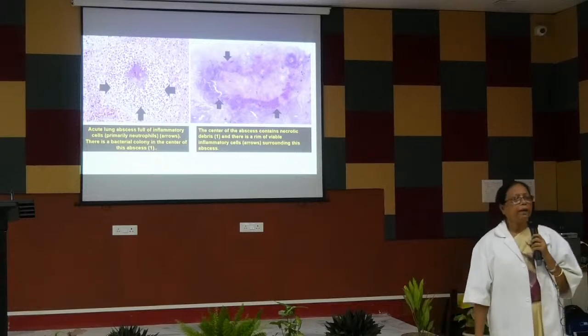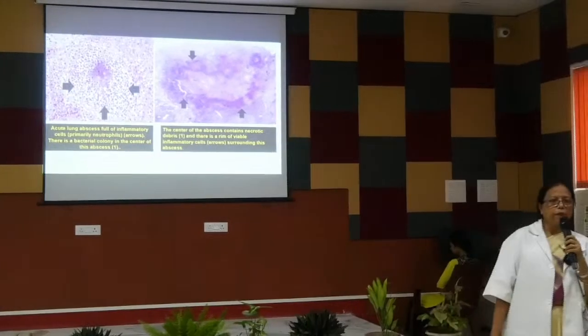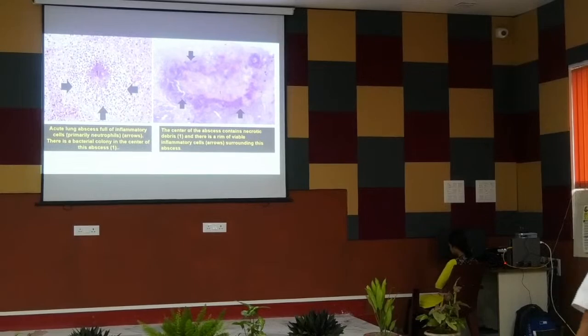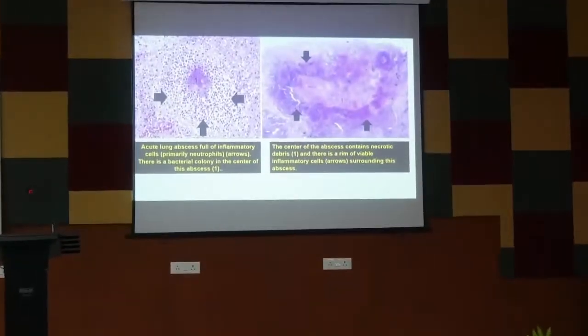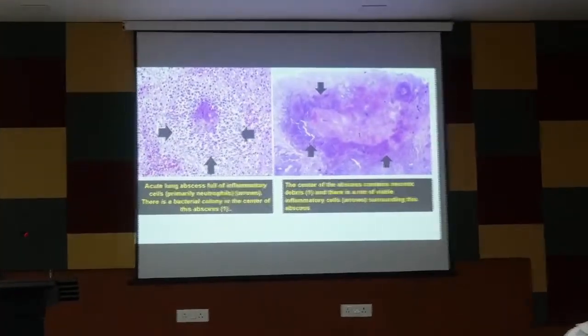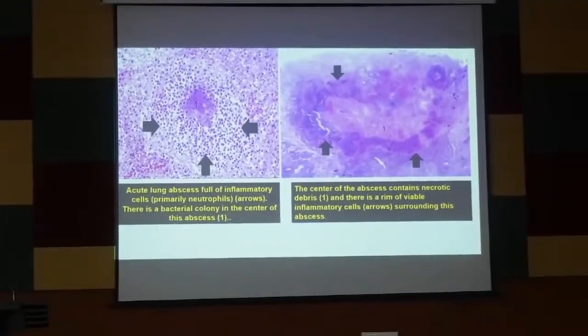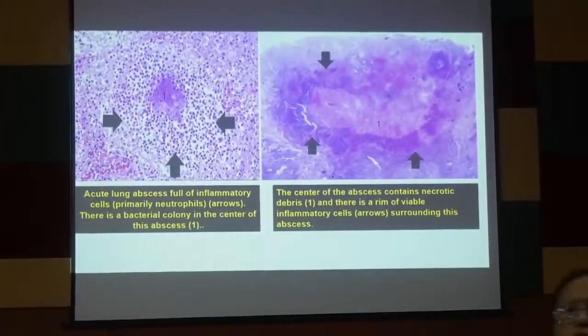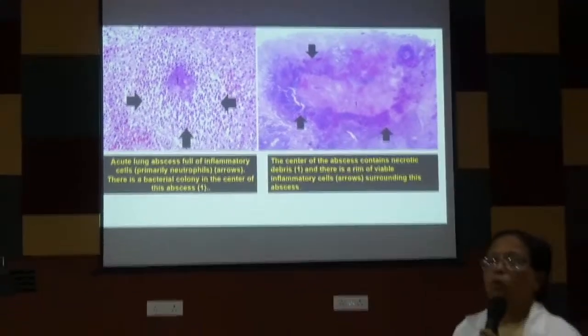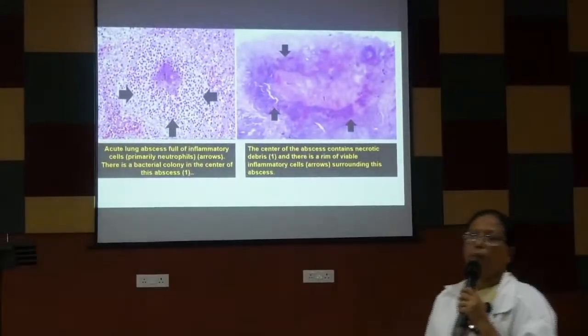You can easily identify the bacterial colony, though it is not always possible for us, because nowadays lungs are not coming to autopsy due to antibiotics. But previously we could get autopsy material from acute lung abscess patients after death.